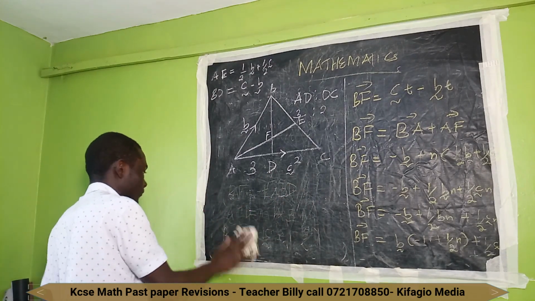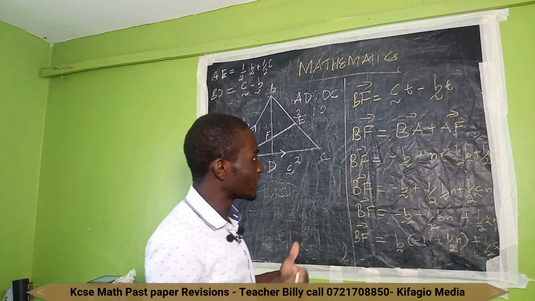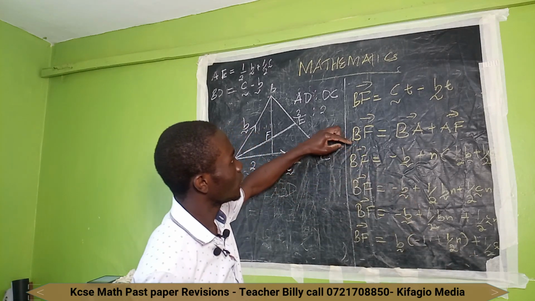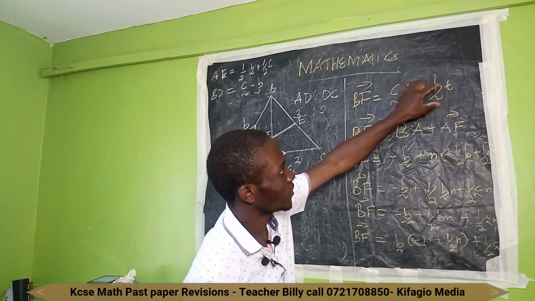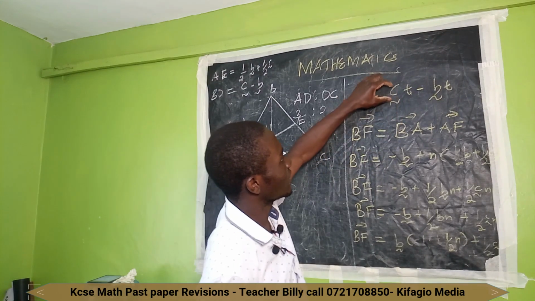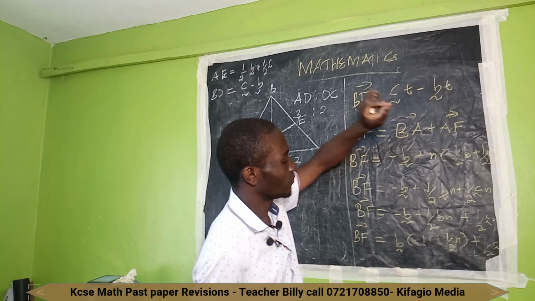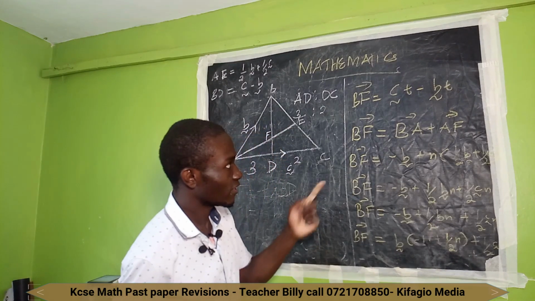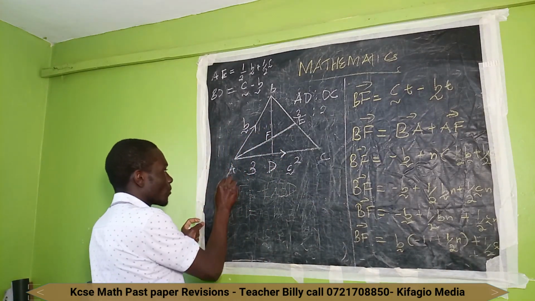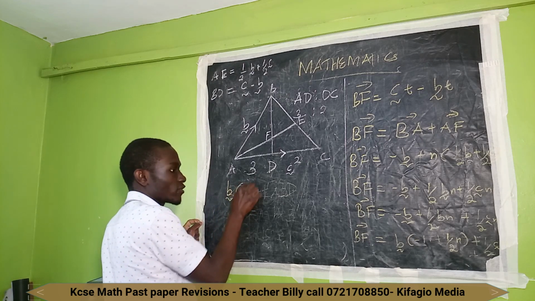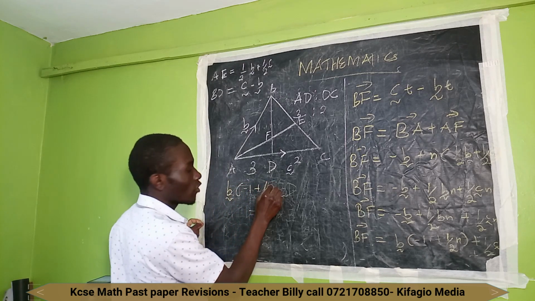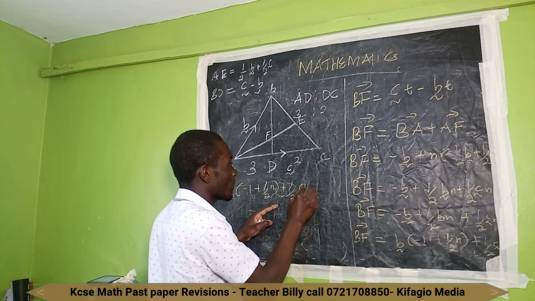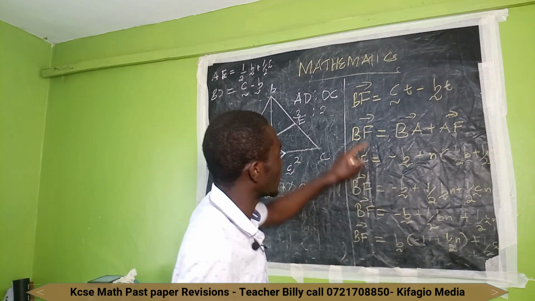So the question continues from there because you are supposed to find the value of t and n. So look at this, BF is equal to this expression here, and also BF was equal to this particular expression there. This expression has C and it also has B. So equate the B's and the B's together and the C's and the C's together. So B into minus 1 plus 1 over 2 of n, plus 1 over 2 of Cn, is equal to Ct minus BT, because BF is equal to this and BF is equal to this.